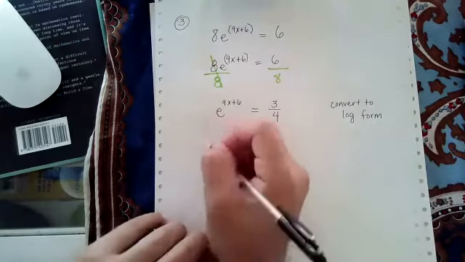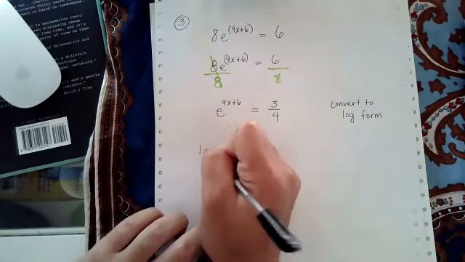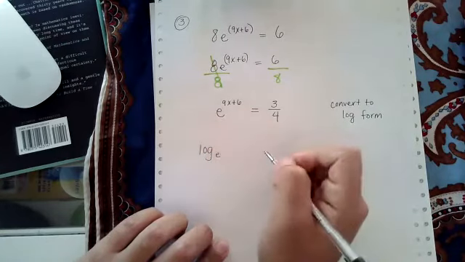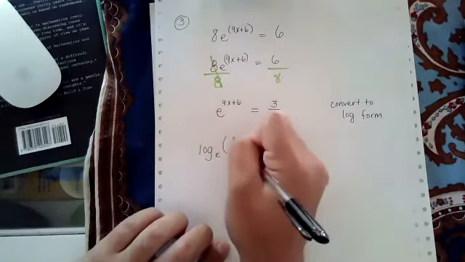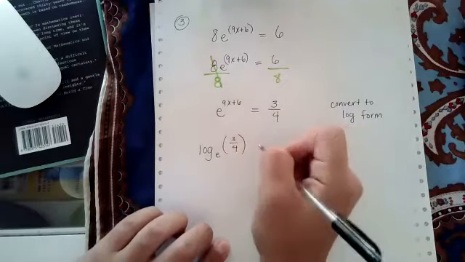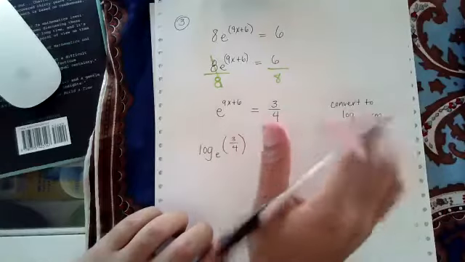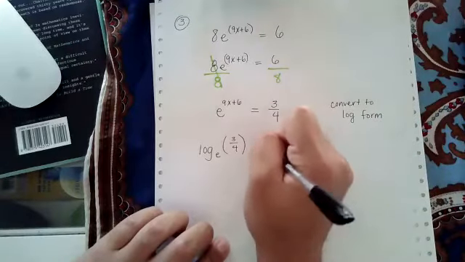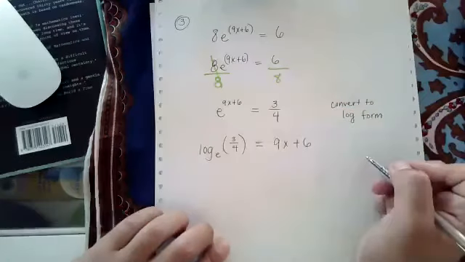And how did you write that down? Log e of 0.75. That works. I'm going to leave it as 3/4 though, because I like fractions. Oh, 3/4. Okay. Well, 0.75 is the same value, so you're perfectly fine to leave it as 0.75. Equals 9x plus 6. Okay.